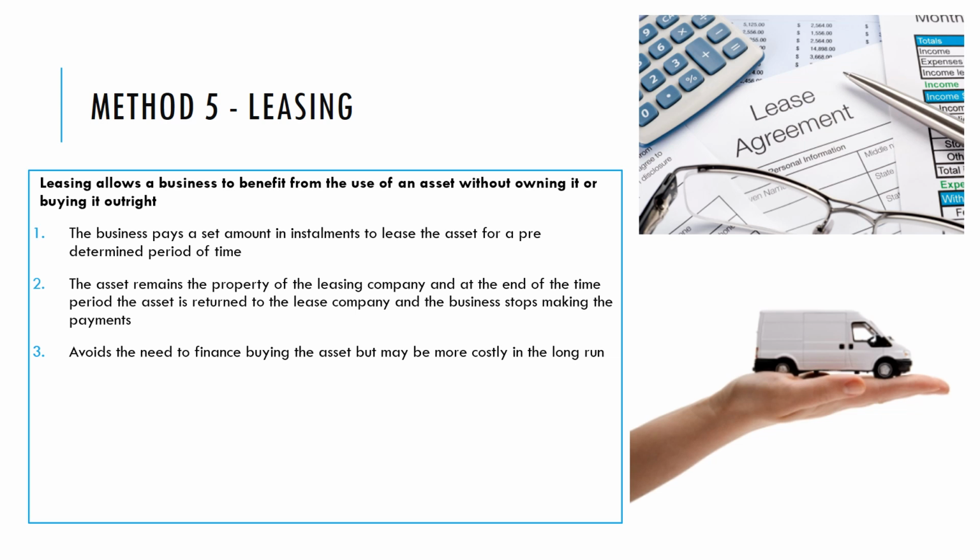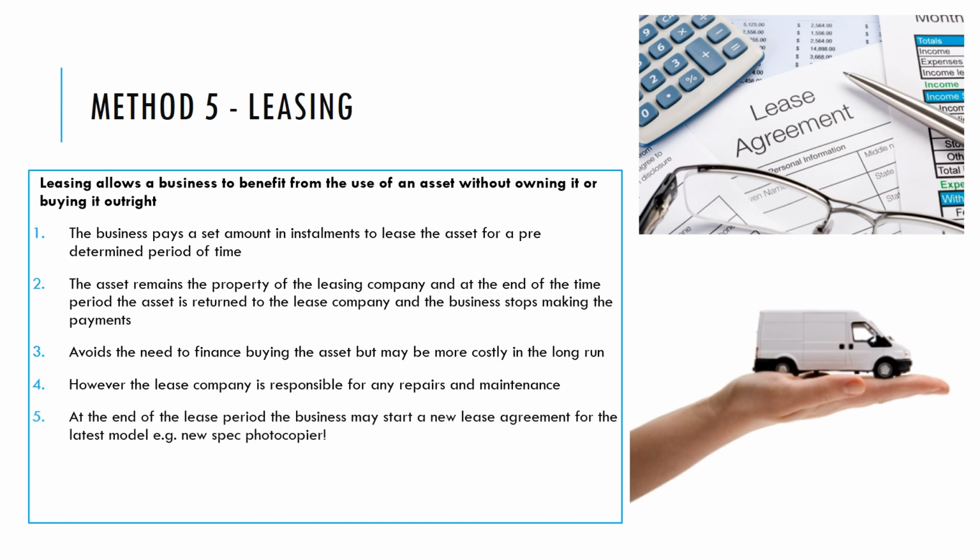So it avoids the need to generate large amounts of finance to buy the asset, but in the long run it could be more costly because you need to pay the lease payments and then you don't get the asset to keep at the end. Often at the end of a lease, the business will swap up for the latest model.